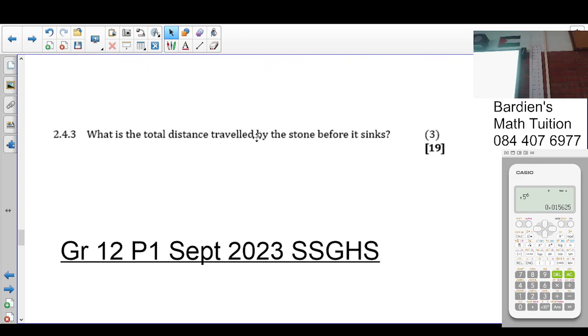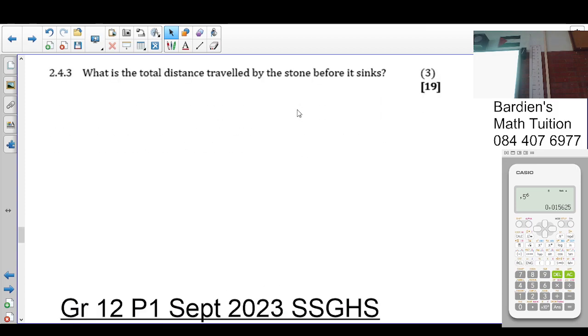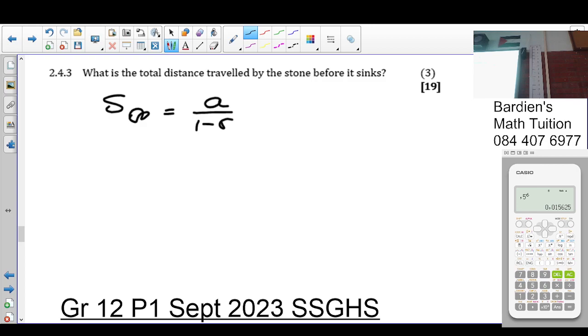And then what is the total distance traveled by the stone before it sinks? As we know, the stone will bounce until it comes to rest and it sinks. So that would give us the sum to infinity, that's a over 1 minus r.